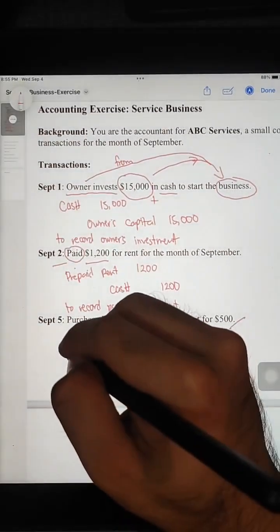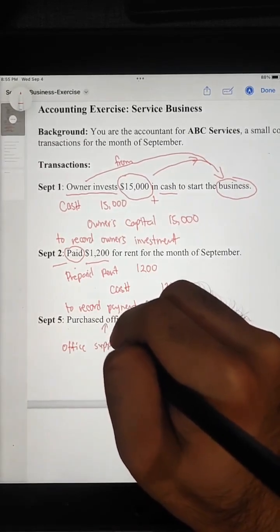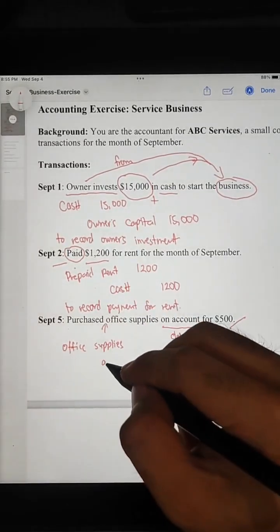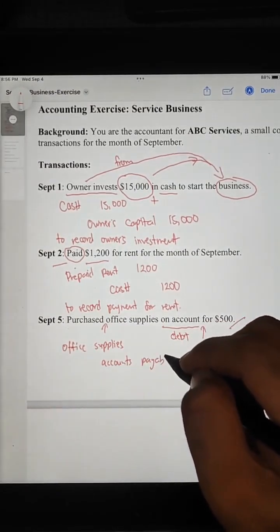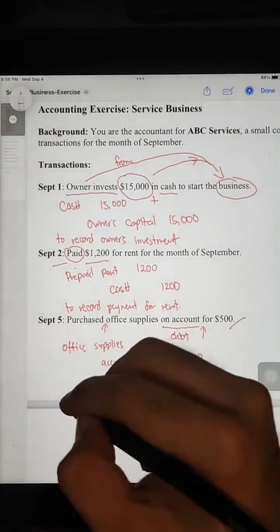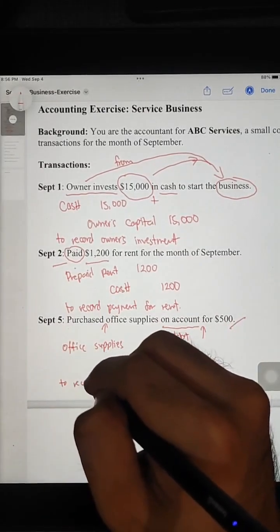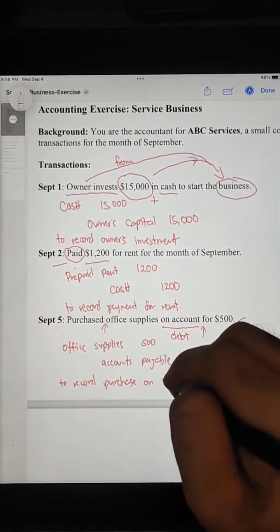So, debit, office supplies, and then credit, accounts payable, $500 to record purchase on account.